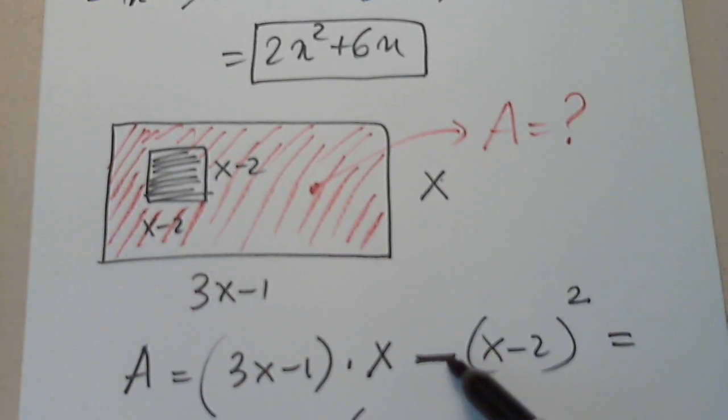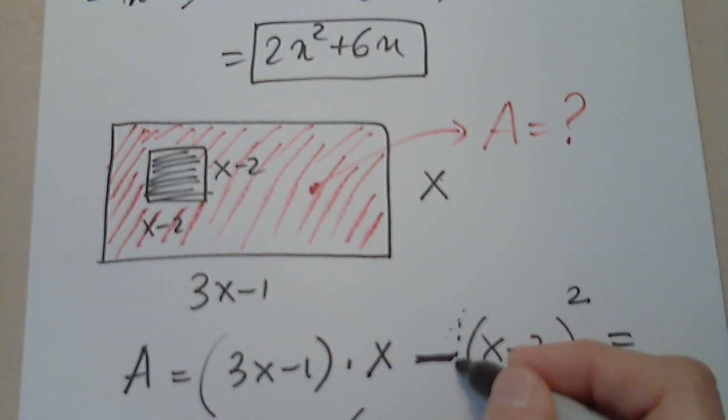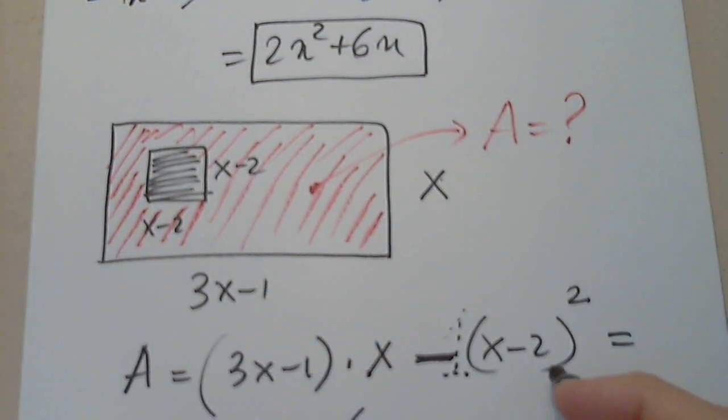Put parentheses because we have to distribute the negative 1. Can anyone give us the terms that replace (x minus 2) everything squared? How many terms will you give? How many terms will you give, please?